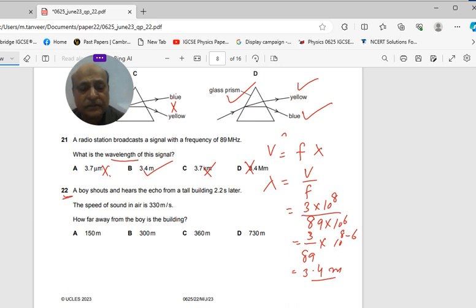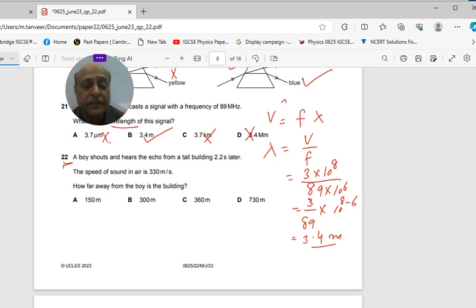Next, I have 2 or 3 minutes, okay. A boy shoots and hears an echo from the building after 2.2 seconds. Remember this, there is a difference between reflection and echo. In an echo, when a wave strikes the wall, it bounces back, so it covers double the distance.